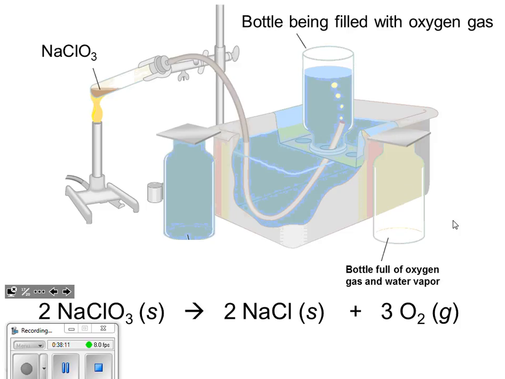But is it only oxygen? No, because it's got water vapor in there too. So that bottle has oxygen gas and water vapor in it. So my total pressure is going to be the pressure of the oxygen gas and the pressure of the water vapor.